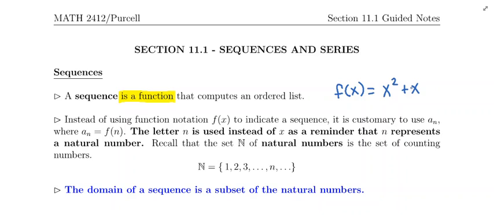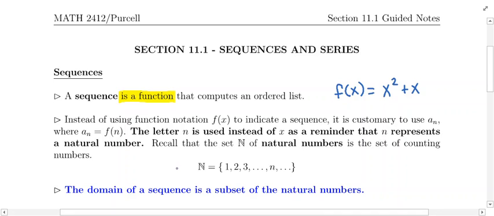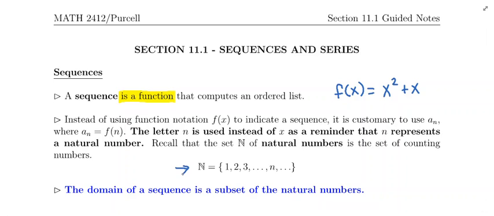Recall that the set N of natural numbers is the set of counting numbers. So right here, I have the set N, which is your list of counting numbers. When you count things, remember, you start counting with the number 1. If you're counting a set of objects, you're going to go 1, 2, 3, 4, 5, 6, and so on. 0 is not a counting number. We always start with 1.